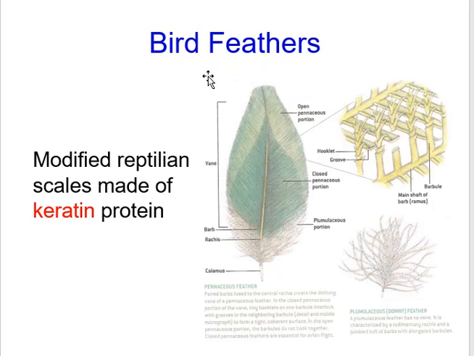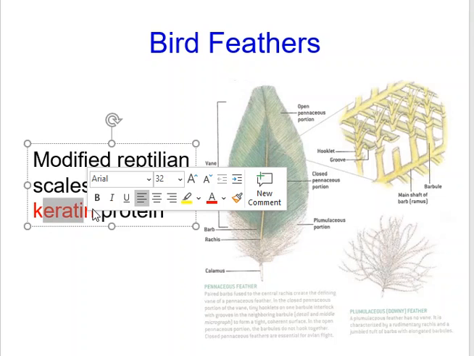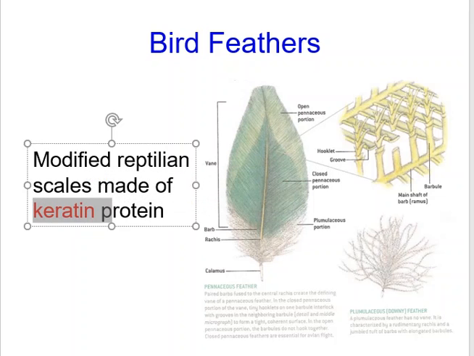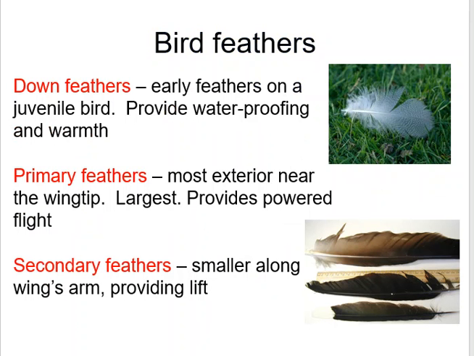Bird feathers are, as I told you, made of keratin. They're pretty much modified scales. They're reptile scales that have been modified over time because of adaptation to flight. They're made of keratin, the same protein of which reptile scales are made. There are different types of bird feathers.